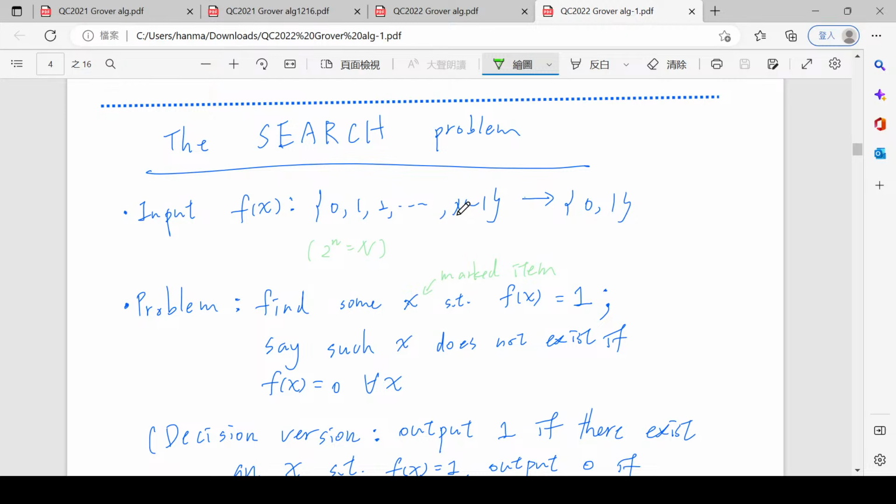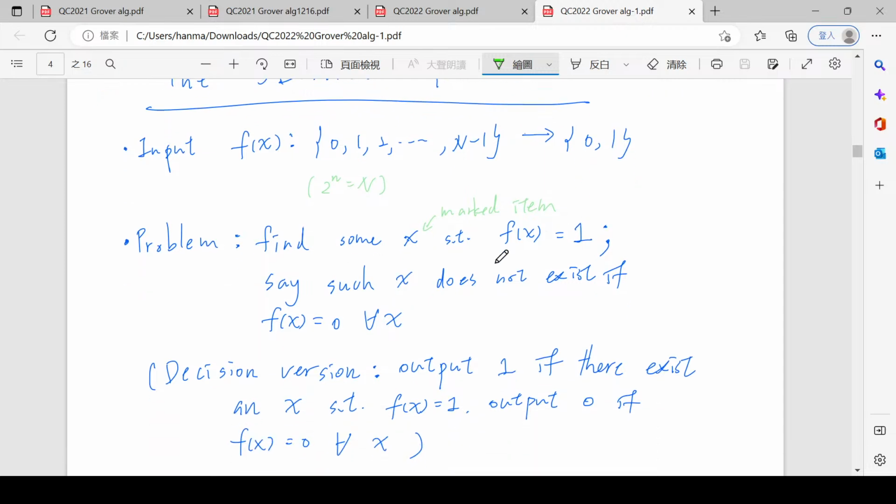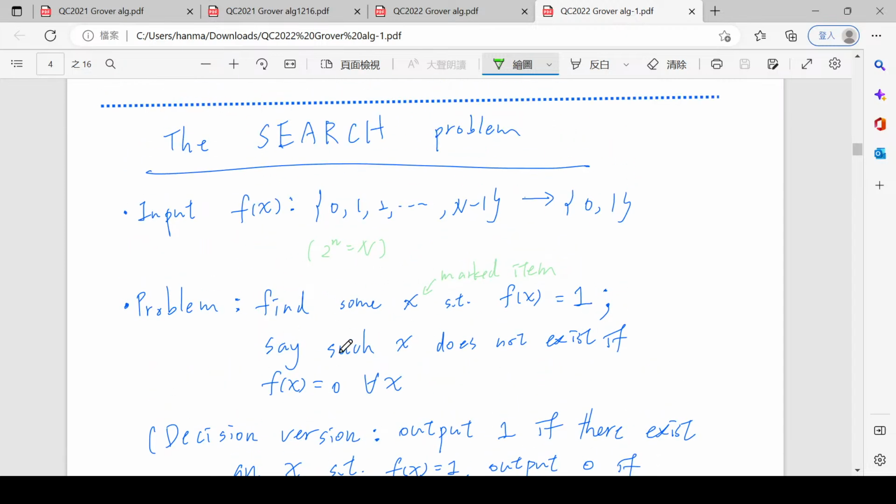And as we know, you can query this f, depending on whether you are quantum or classical. If you are classical, you can just fill in a different value and it will tell you what f(x) is. And also, we want to make this more complete. So the problem is that if there exists an x such that f(x) equals 1, then you need to output one of them. But if such an x doesn't exist, then you just say it doesn't exist.